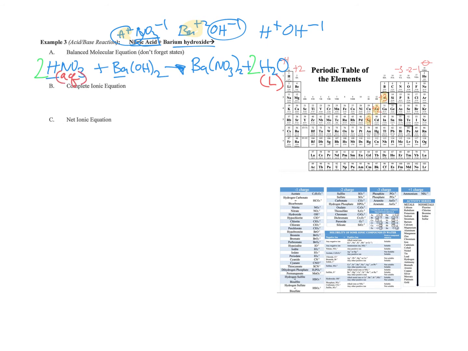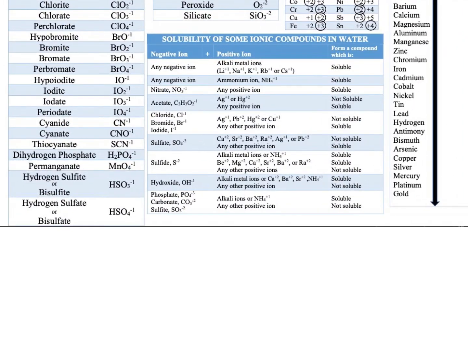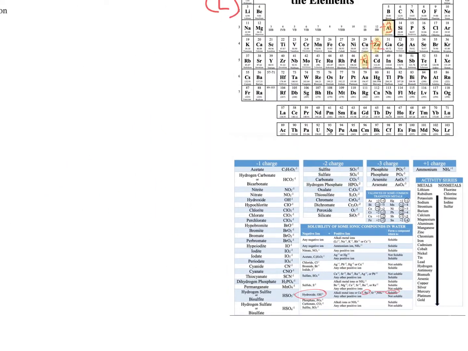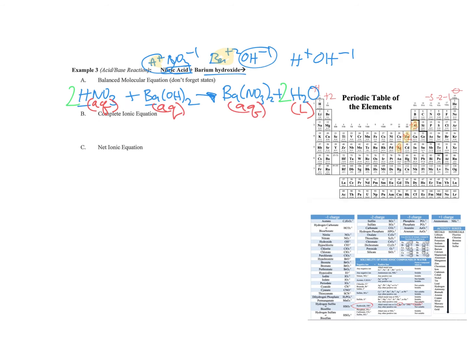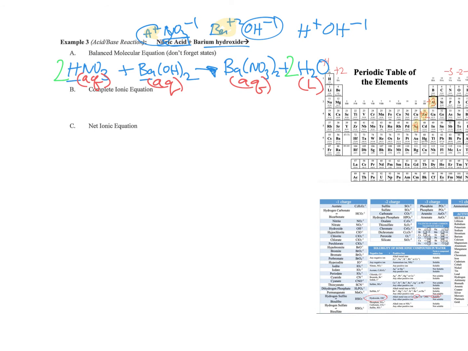You can assume for this unit all acids are soluble, so they can all dissolve in water. Barium hydroxide, if you go read your solubility chart, hydroxides with barium are soluble. And then barium nitrate is soluble. So we have a completed step A.